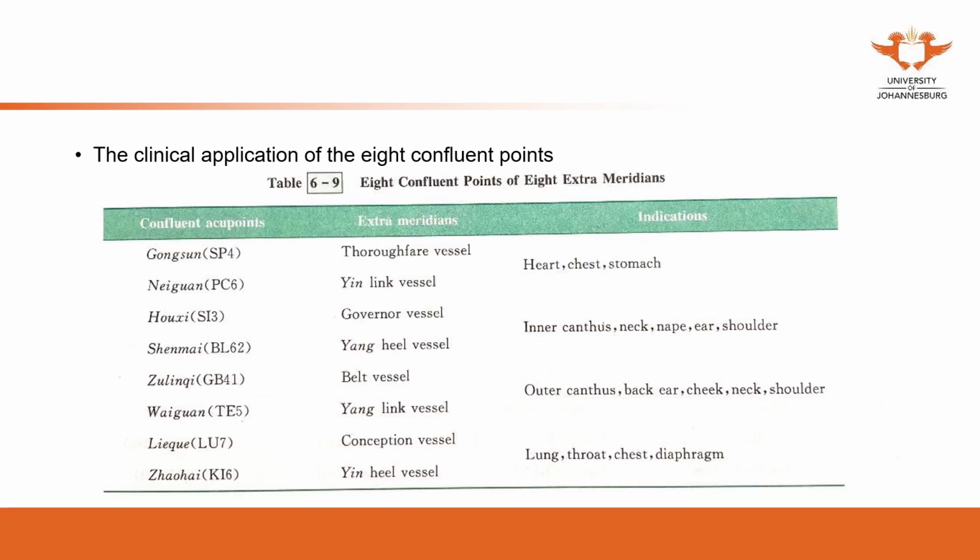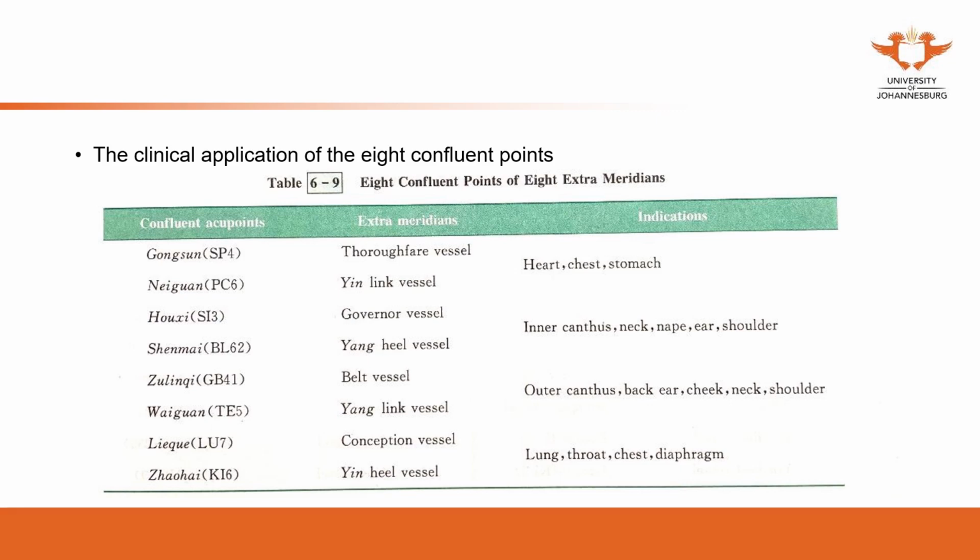The 8 confluence points are the points where the 12 main meridians cross with the extraordinary meridians. Which means if you use these 8 points, it can help you to treat the main meridians and the diseases related to the extraordinary meridians. You can refer to the meridian differentiation. We give you the examples of those extraordinary meridians. You can choose these points for those diseases. Pericardium 6, during our discussion, we have mentioned quite a few times.